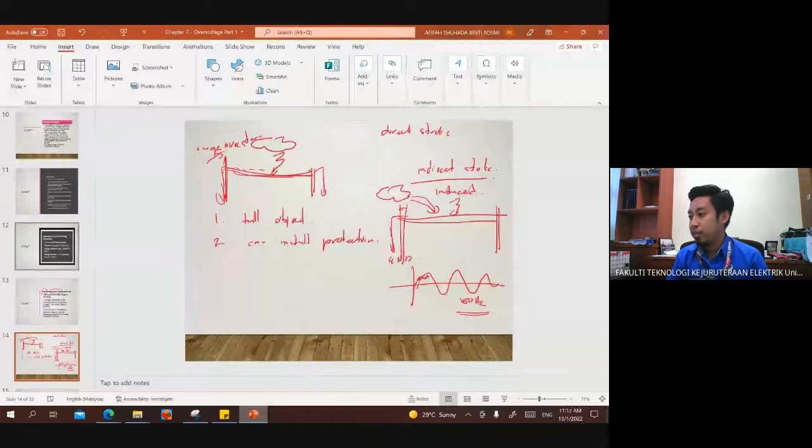But for the traveling wave, normally on the power line we have the traveling wave. But once the surge enters the power line, it will affect the traveling wave on the power line.